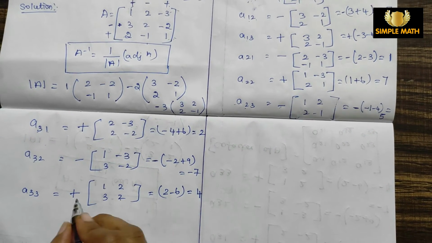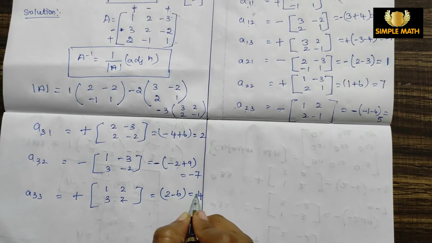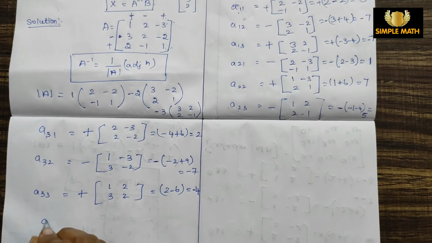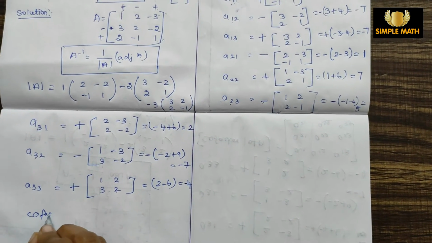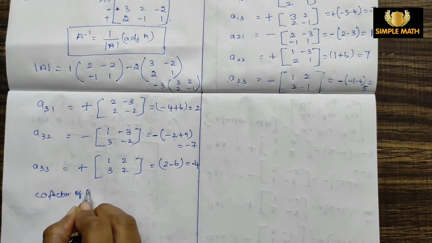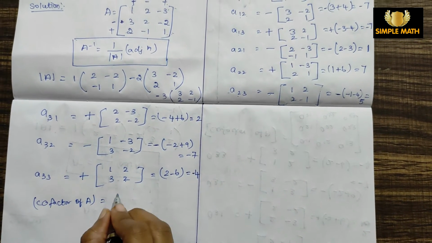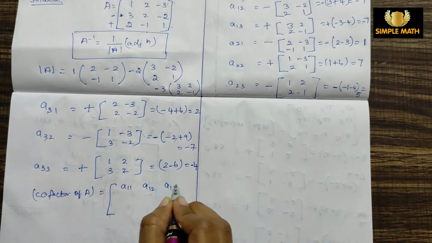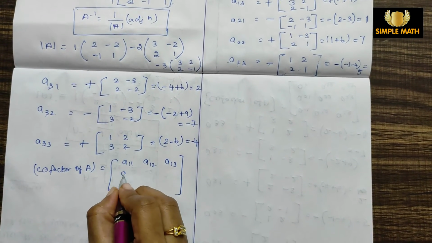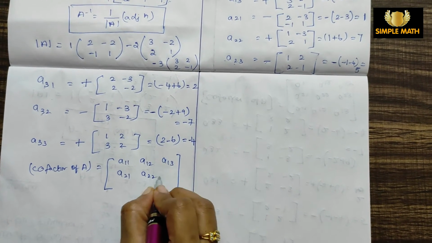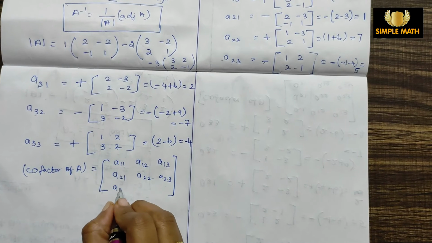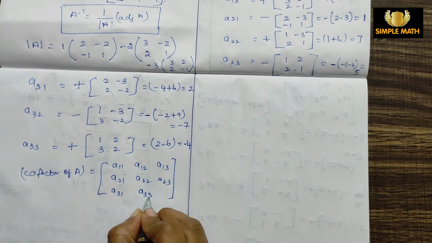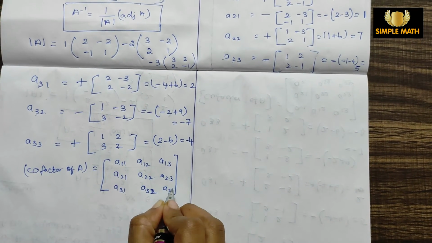Now, writing the cofactor entries here. Cofactor of A is matrix of A11, A12, A13, A21, A22, A23. Third row is A31, A32 and A33.